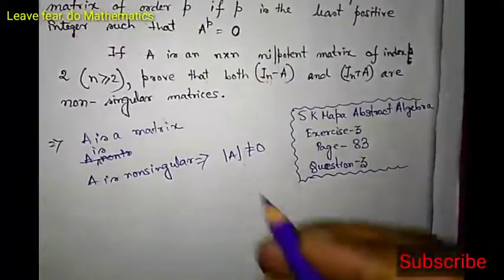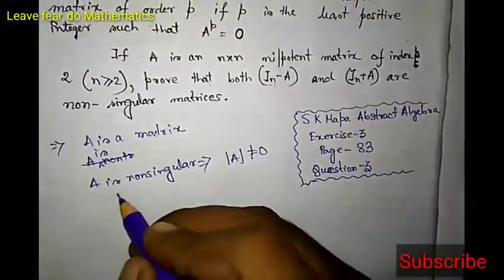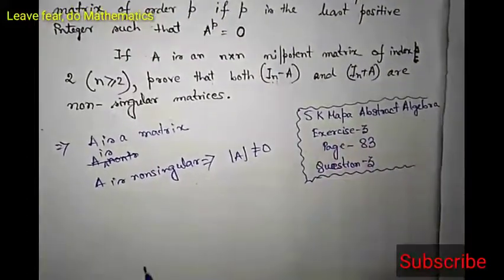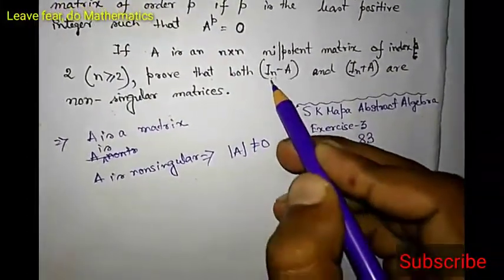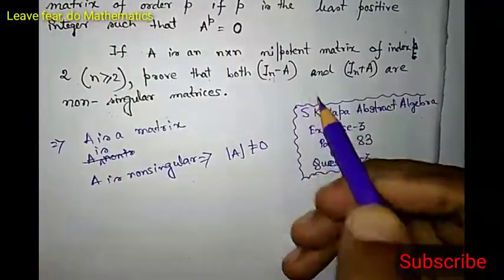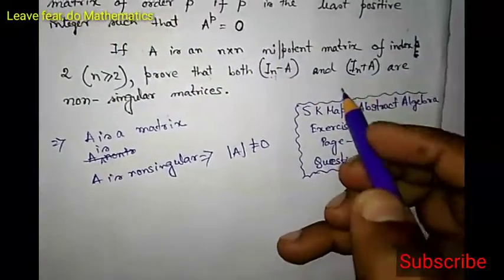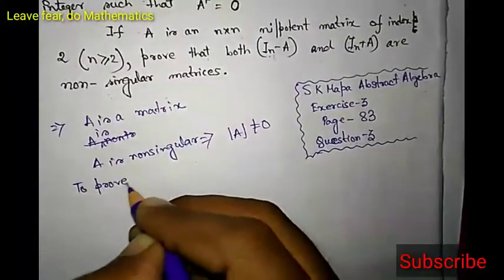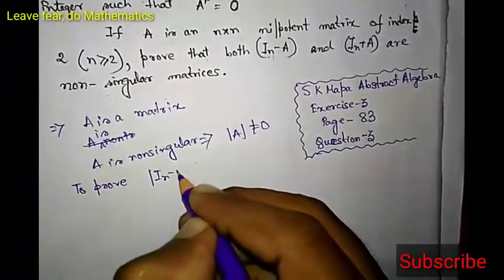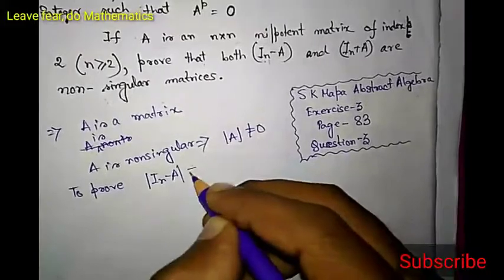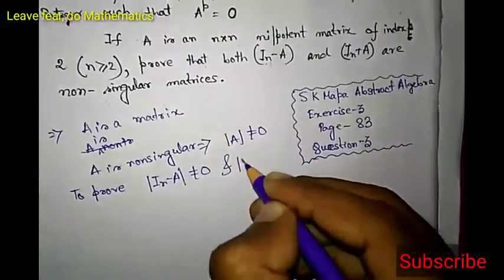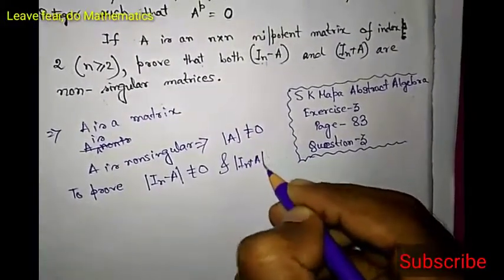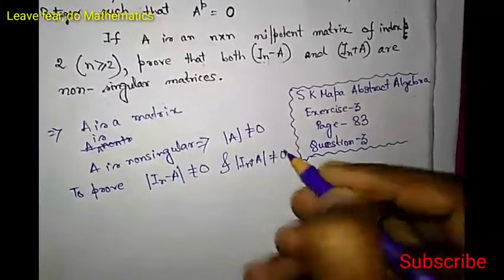And this is vice versa. If det A not equal to 0, then A is non-singular, and A non-singular means det A not equal to 0. So basically we need to prove that det of In minus A not equal to 0 and det of In plus A not equal to 0.